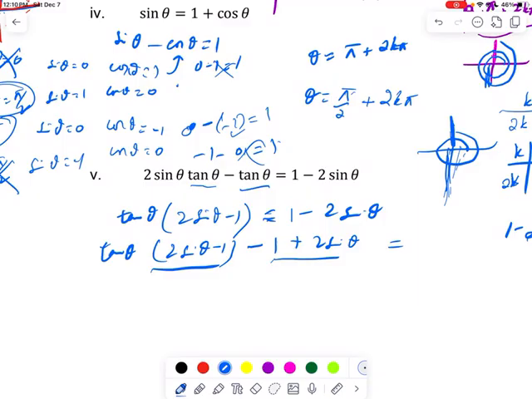Let's rearrange first. Okay, so now you can see we can factor out the 2 sine theta minus 1.